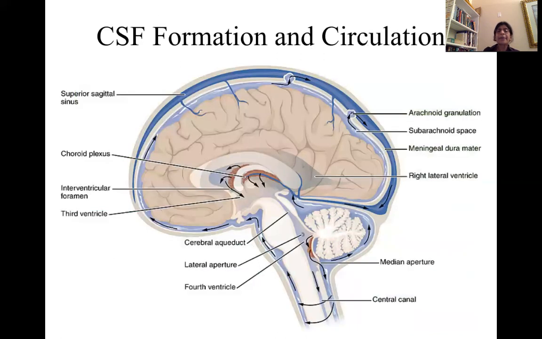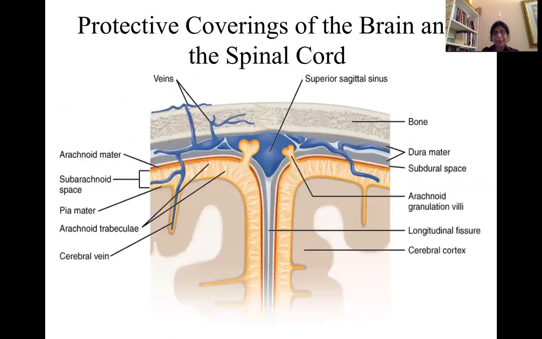So here is our arachnoid granulation, arachnoid villi. Those are the finger-like projections that drain CSF into these dural sinuses. All right, so that is how you remove the previously made CSF while fresh CSF being extracted from the plasma. Okay, so the fluid that you collect from the plasma is returned back to the vascular system.